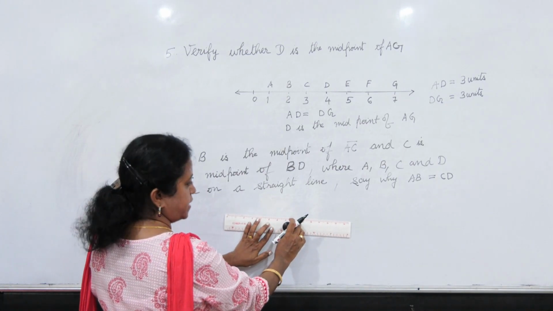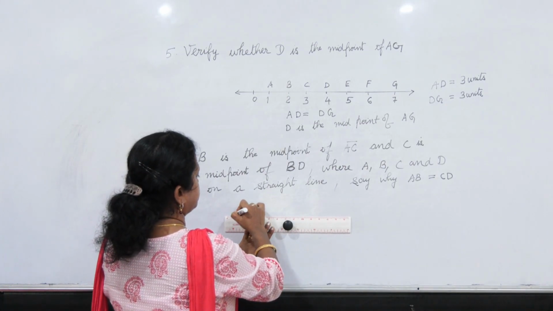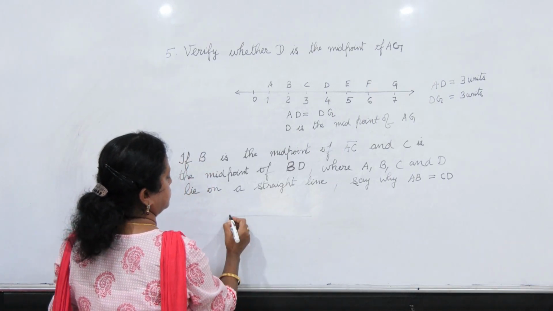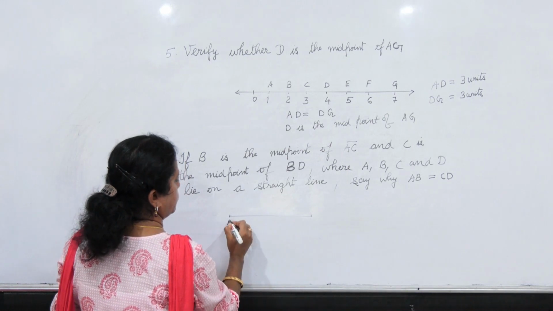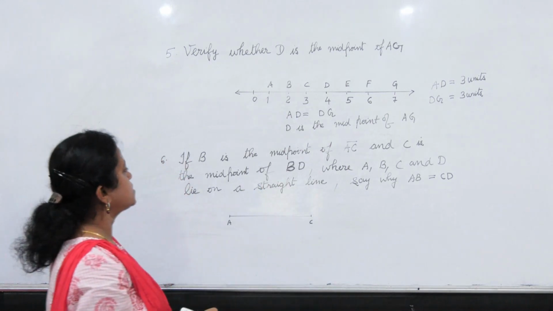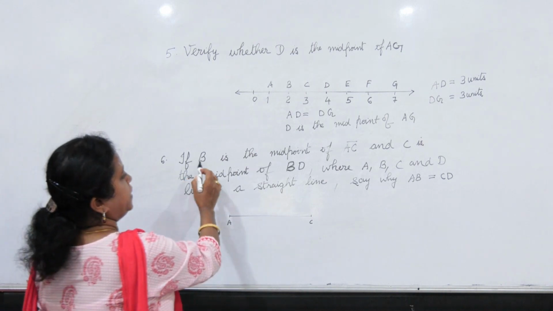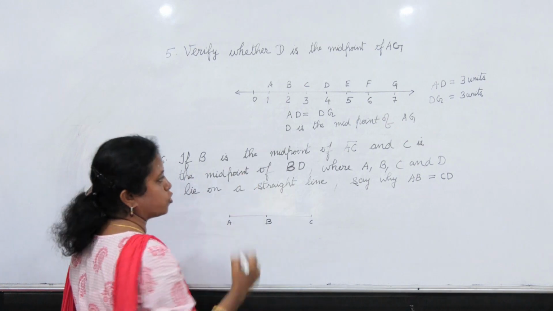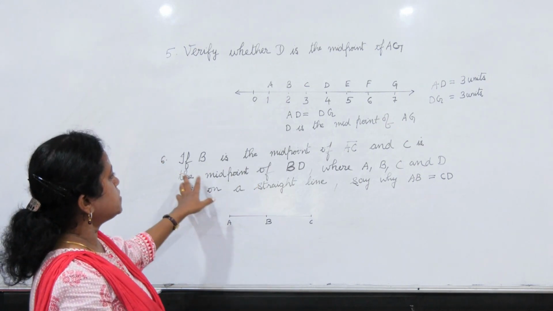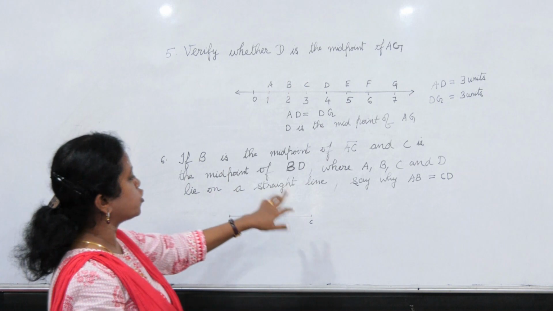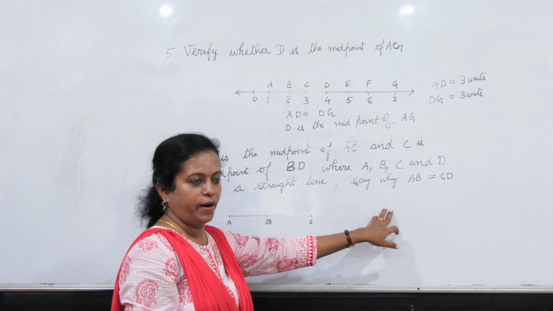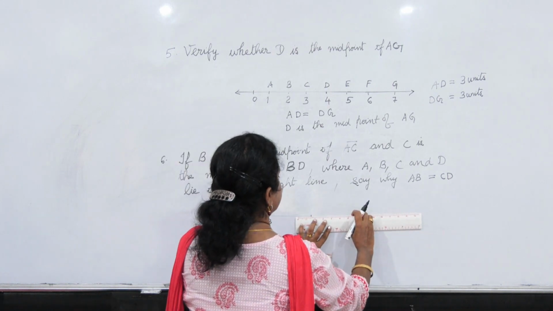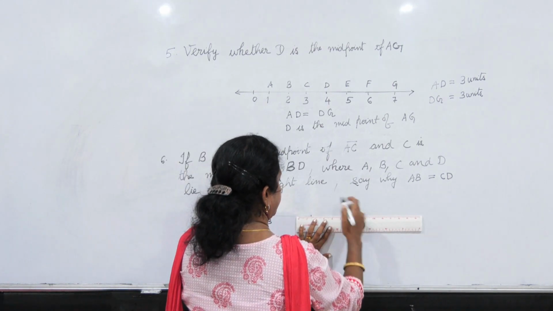That means you have a line segment AC, and B is the midpoint of AC, and C is the midpoint of BD. That means you have another part here where C will be the midpoint of BD. That means BC should be equal to BD.